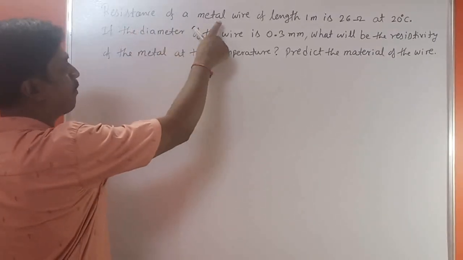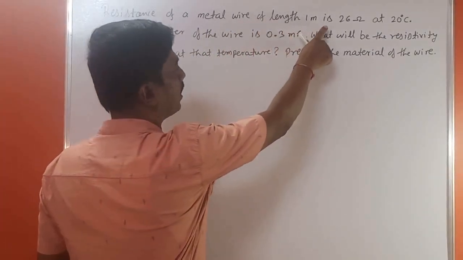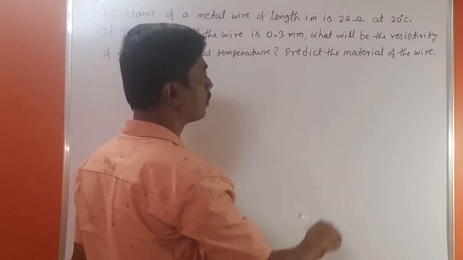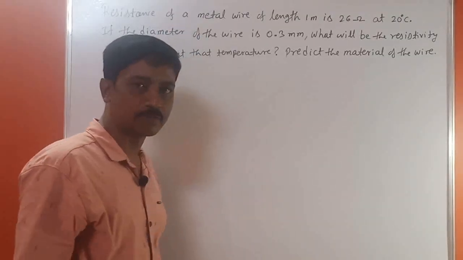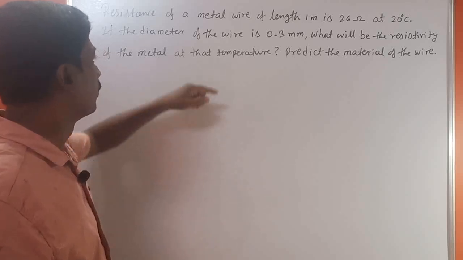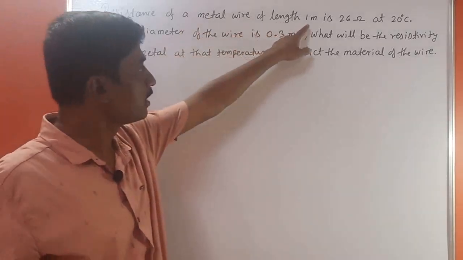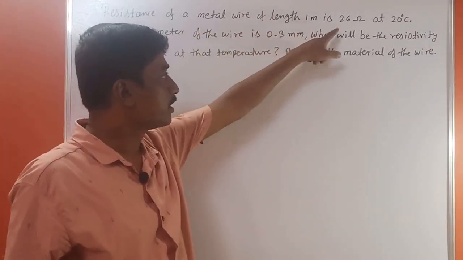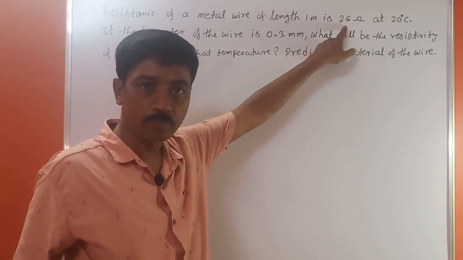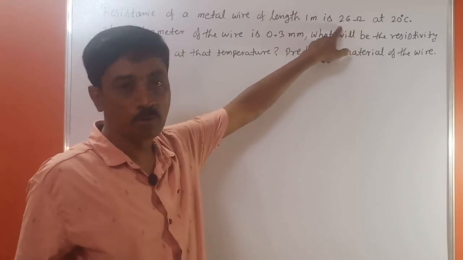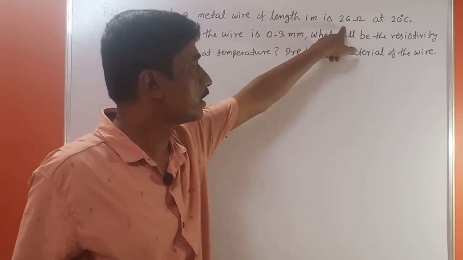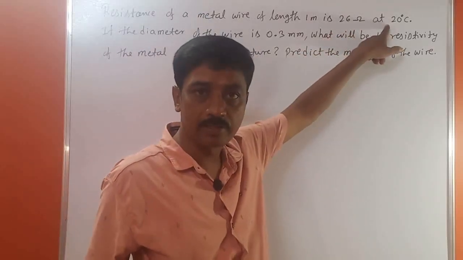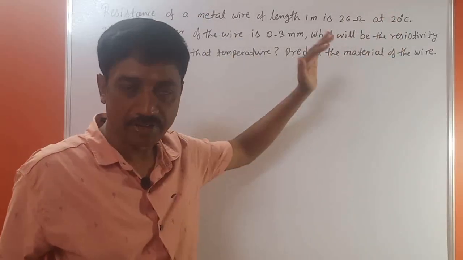The resistance of a metal wire of length 1 meter is 26 ohms at 20 degrees Celsius. Now, the metal wire length is 1 meter and its resistance is 26 ohms. And this 26 ohms won't change because they said at 20 degrees Celsius, which means the temperature is fixed.